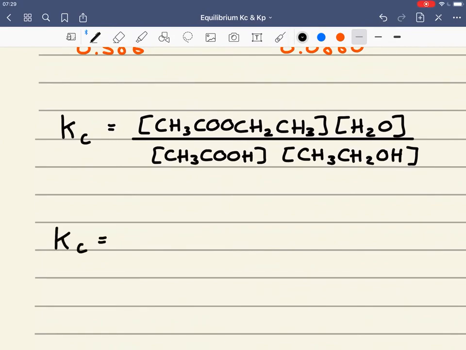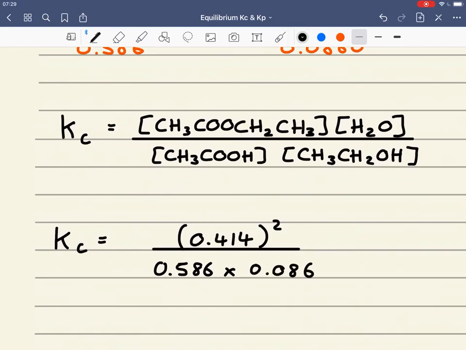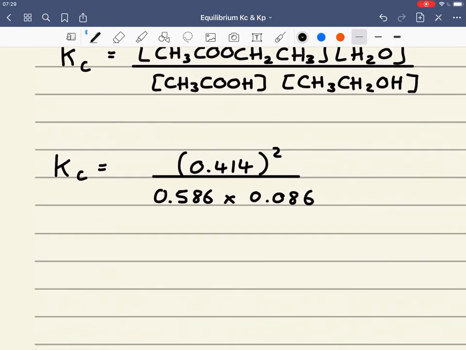So what we can do is we can put in my numbers. So I've got the number of moles of the ester is 0.414 and the number of moles of water is 0.414, so that's 0.414 squared, divided by the number of moles of the acid, 0.586, times the number of moles of the ethanol, 0.086, and then Kc is 3.40.